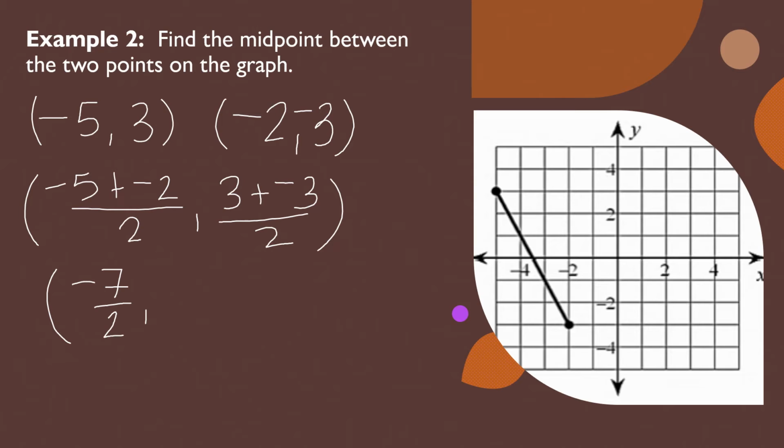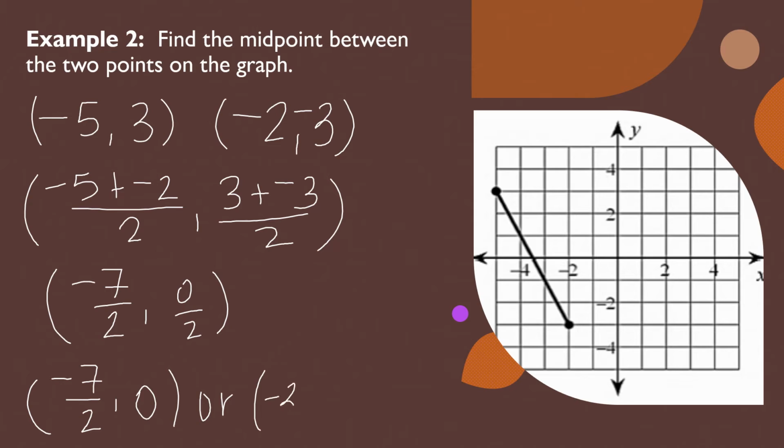So there's a fraction that's not going to simplify. For the y coordinate, 3 plus negative 3 is 0, and 0 divided by 2 is going to be 0. So you can write this in two ways. You can leave it as negative 7 over 2, comma 0, or if you want to turn that to a decimal, negative 3.50.